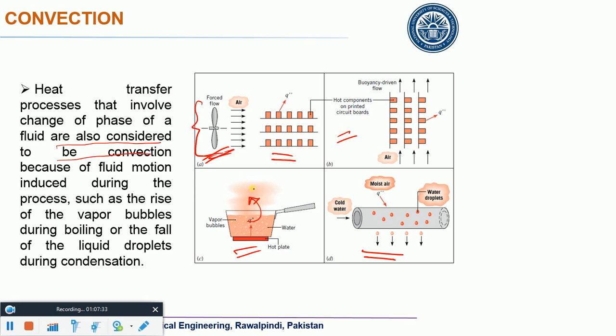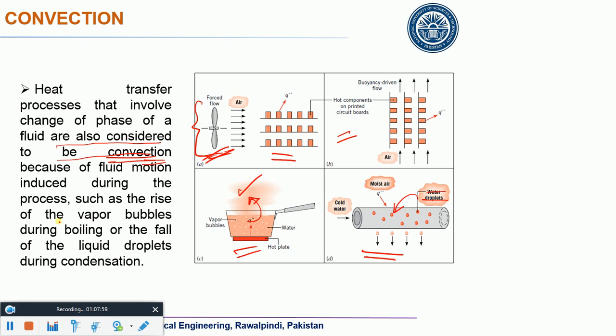This is mass transfer. Heat is being transferred like this, and in case of collection of those water vapors around, let's say, a metal pipe where the cold water is going through, these are water droplets. This is also a phase change, isn't it? You have seen this phenomenon. So this is also considered in the convection.